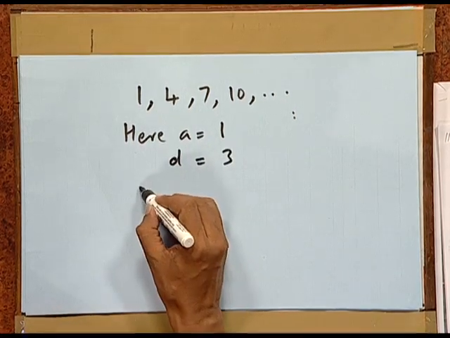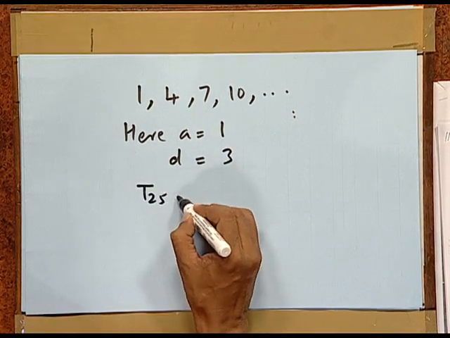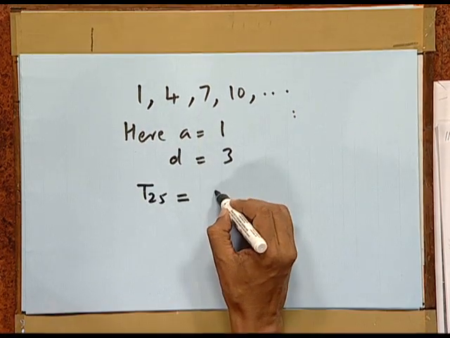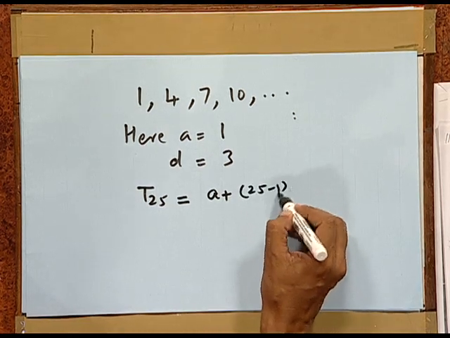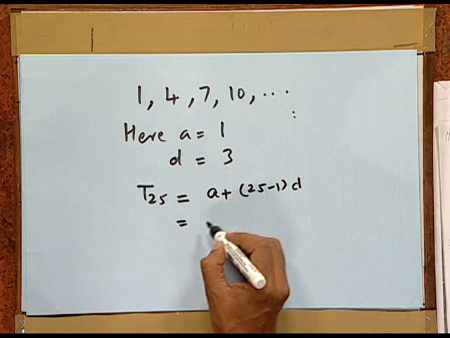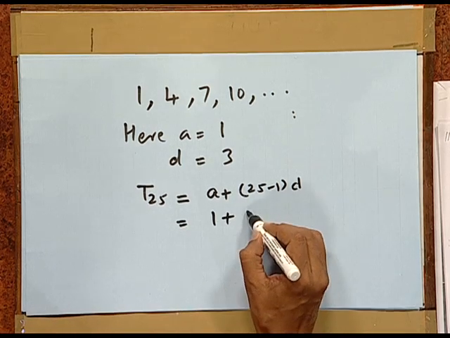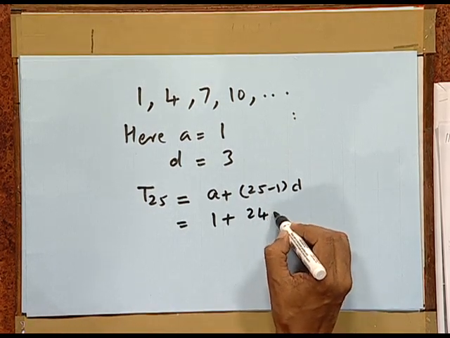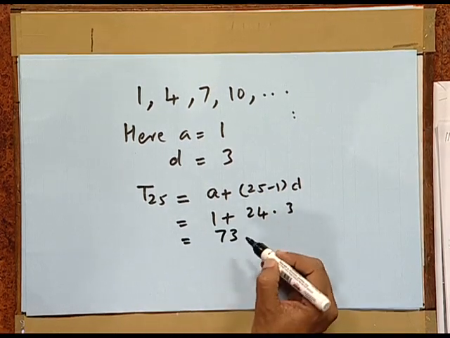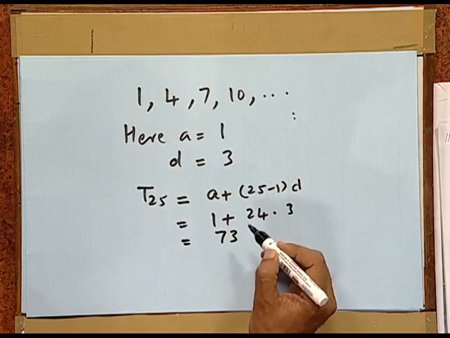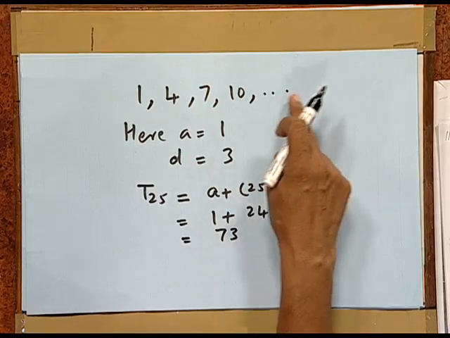Hence, T25 is equal to A plus (25 minus 1) d, that equals 1 plus 24 times 3, which equals 73. Thus, we can say with full confidence that the 25th term of 1, 4, 7, 10 and so on is exactly 73.